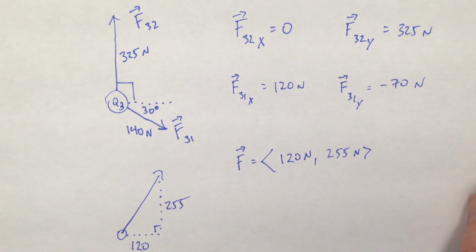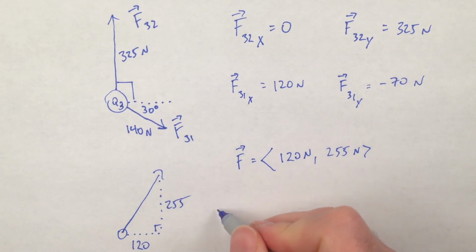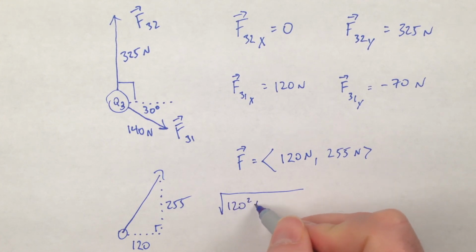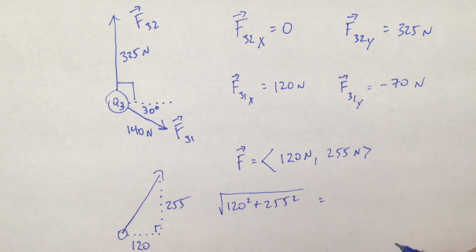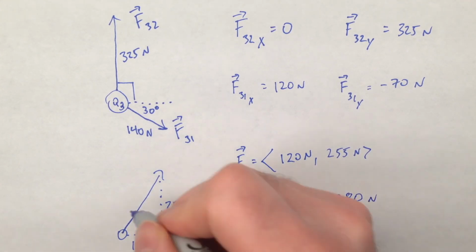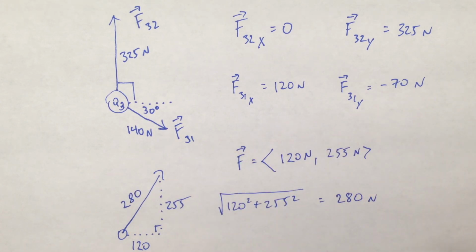Let's find the magnitude and the angle. So the magnitude, of course, is going to be Pythagorean theorem, the square root of 120 squared plus 255 squared. And that's 280. So we can go ahead and label that. And what about the direction?